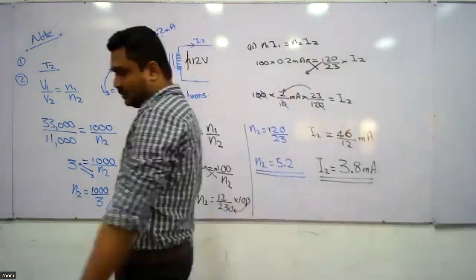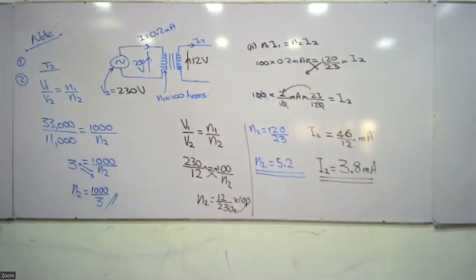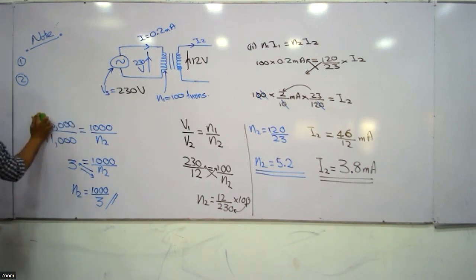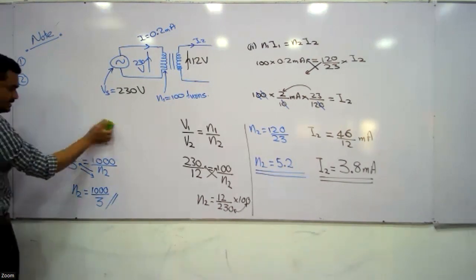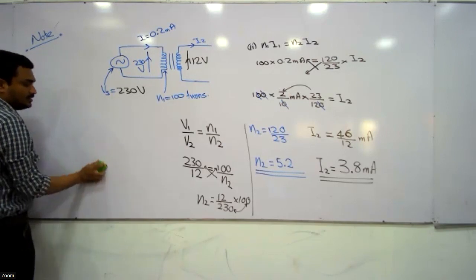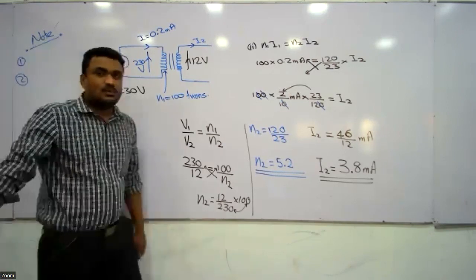Number 2. The primary coil has more turns.